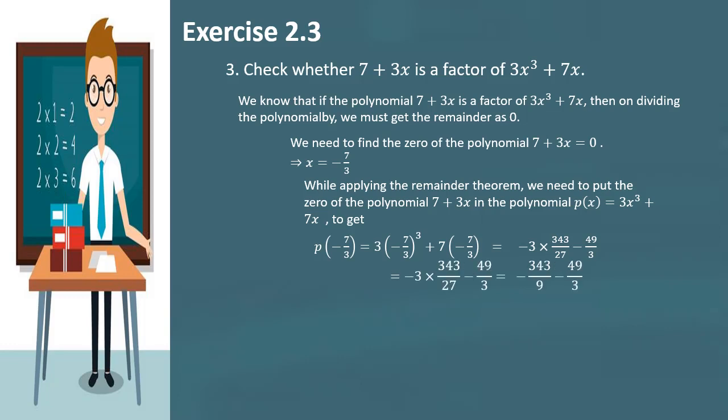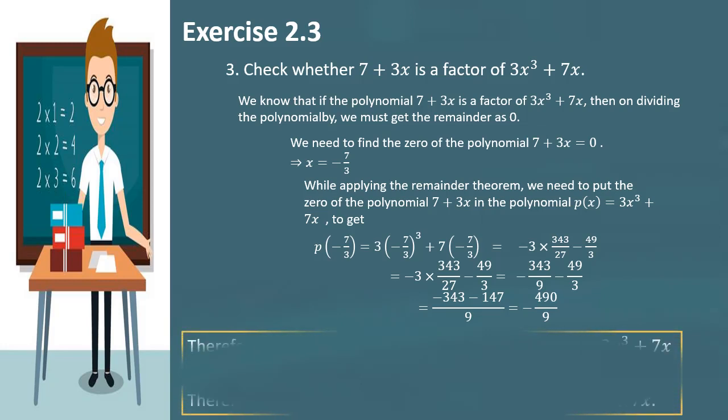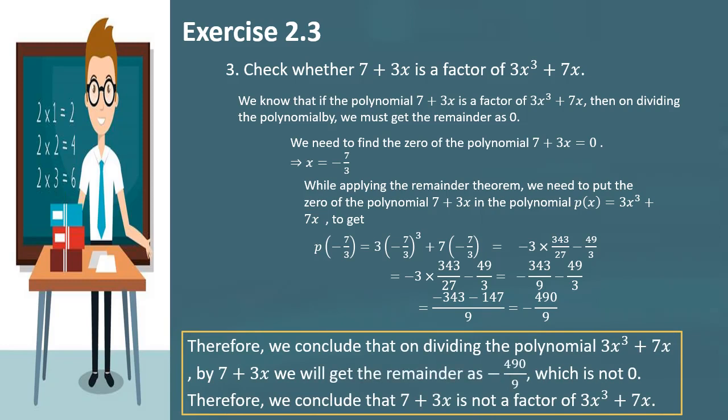नॉर्मल एलसीएम लो, एलसीएम आएगा 3 से 27, आप पहले कैंसिल आउट कर दो या दैट एलसीएम 27 भी ले सकते हैं। तो मैंने पहले 3 से 27 को कैंसिल आउट किया तो बचेगा 9, तो माइनस का 343/9 माइनस 9 के सिंप्लीफाई कैलकुलेट करते हैं तो माइनस 343/9 दैट इज माइनस का 147, सिंप्लीफिकेशन करो माइनस का 490/9 आ जाएगा। Therefore we conclude that on dividing the polynomial by 7 + 3x the remainder becomes minus 490/9, which is not equal to 0.